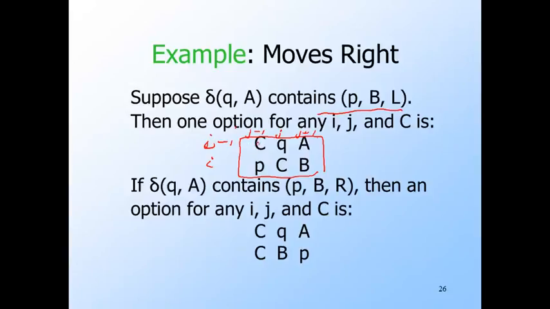The C is unchanged, but its actual position is different, and the A has been replaced by a B. Similarly, if the move is to the right, that is something like that, then the 6 values are the ones we must enforce for the variables in this rectangle. And those, well, the C doesn't change at all. The state Q becomes P and it moves to the right. So it's here, and then the A got replaced by B, and the B appears over here.